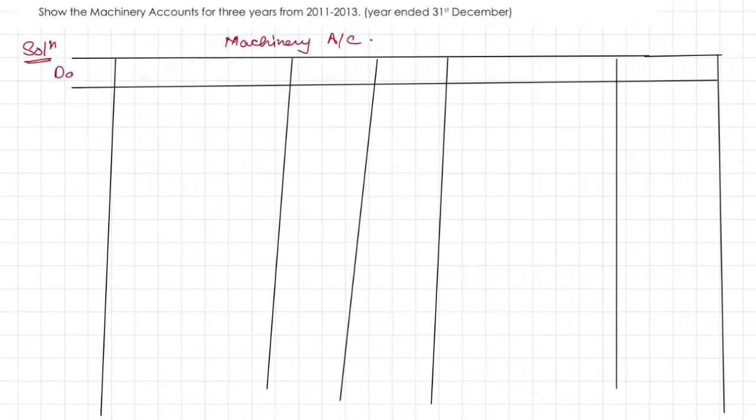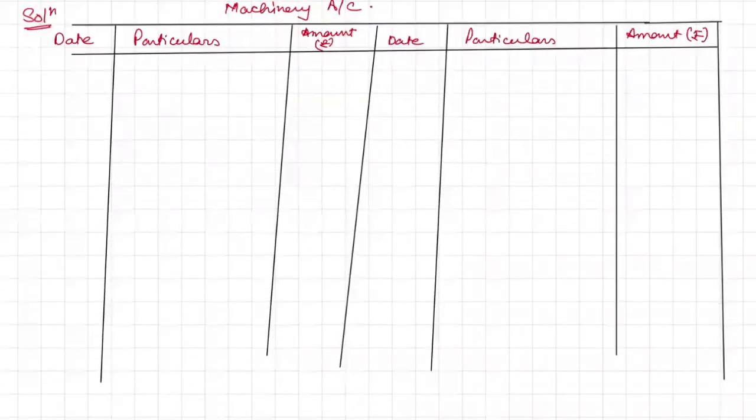Here it is date, particulars, amount, date, particulars, amount.